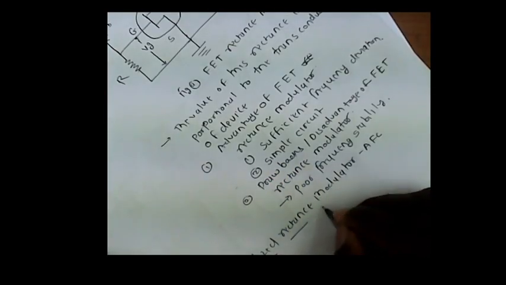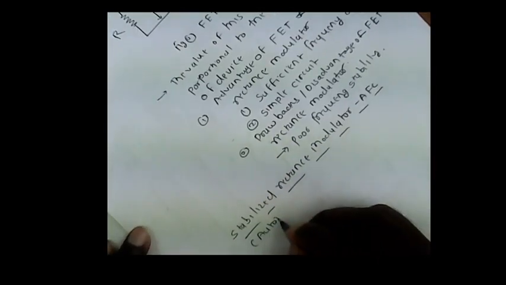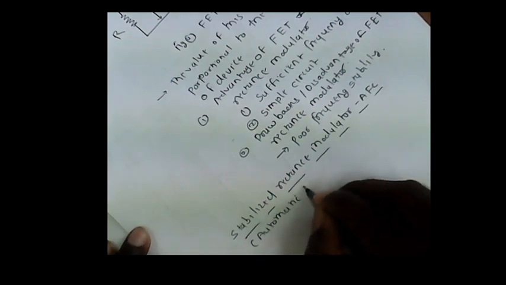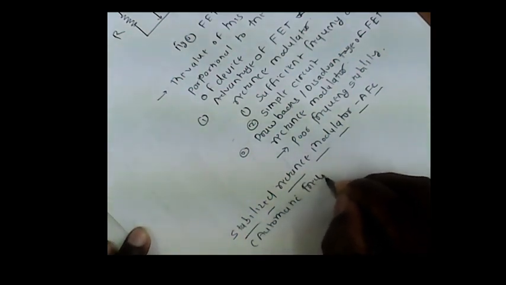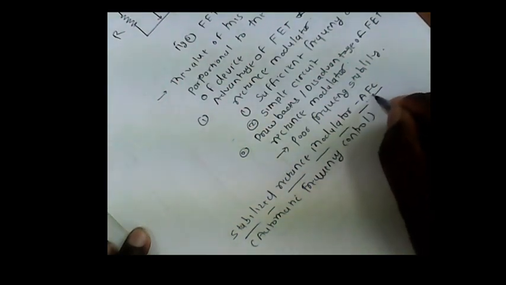AFC stands for automatic frequency control. A stands for automatic, F stands for frequency, and C stands for control.